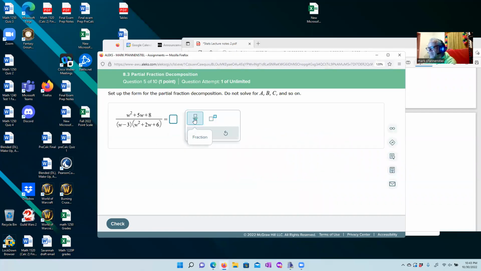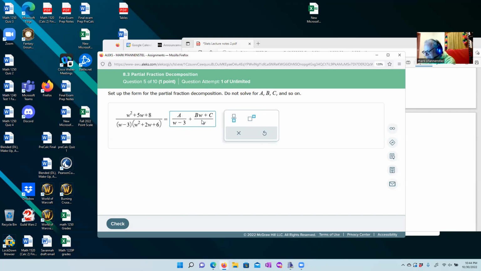So we'll set up a fraction here. We'll put a plus sign in between. So it looks like we've got an A over W minus 3, and we've got a Bw plus C because of the irreducible quadratic, and then we're just going to write down the quadratic.